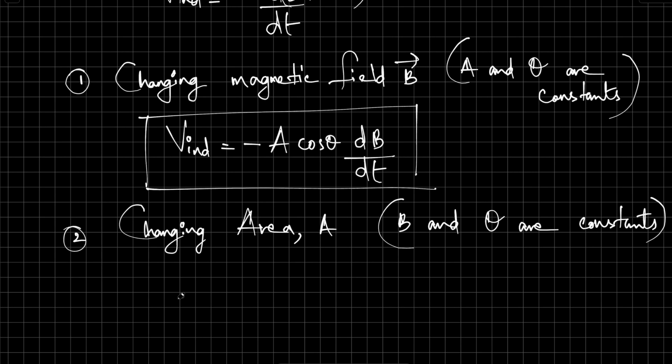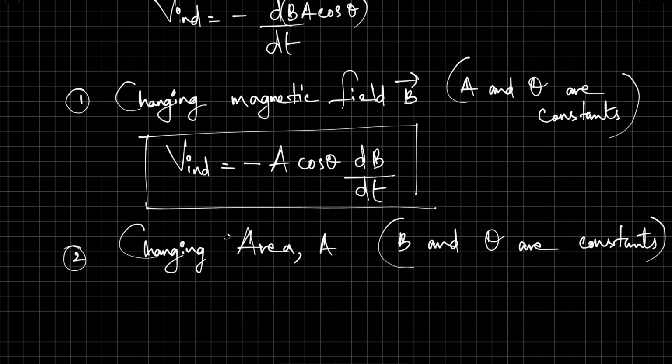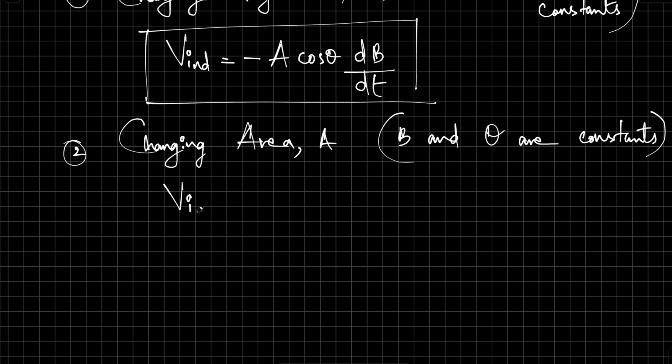The equation will be, so this is our main equation. I'm changing only area, so B and theta are constants. I'm going to take them outside. V induced is equal to minus B is a constant, theta is a constant, so cos theta is a constant. Then we have dA over dt.